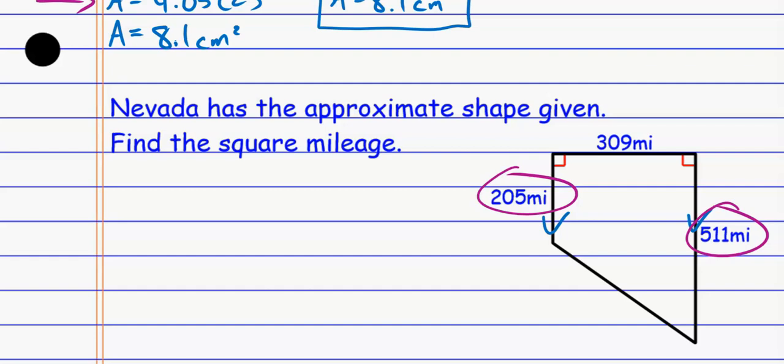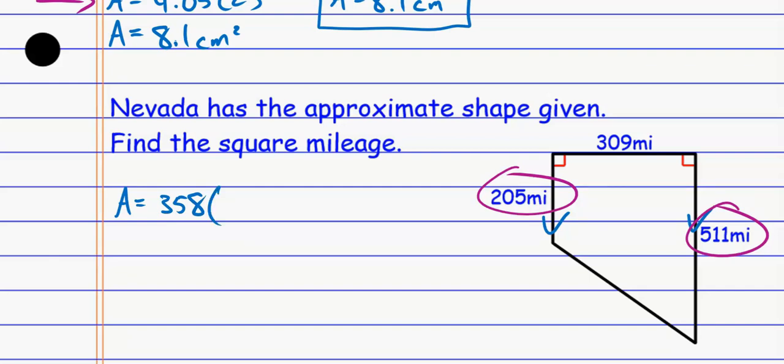Again, I'm going to use kind of my shortcut version here and say, okay, 1/2 the bases added together is really just the average of the bases. It's like finding the mid-segment. So on my calculator, I do the 205 plus the 511, and I divide it by 2. And so I say the mid-segment, or the average of the bases, is 358. And now I just have to multiply that by the height.